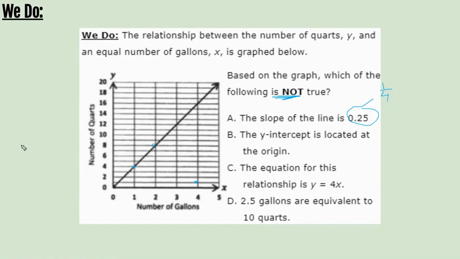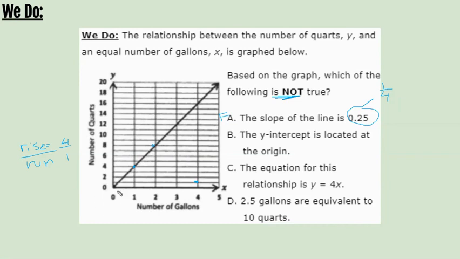This graph says that I'm rising 4 and I'm running once. And that is not what I'm looking for here. So this is going to be false. Okay, now let's check the other ones.